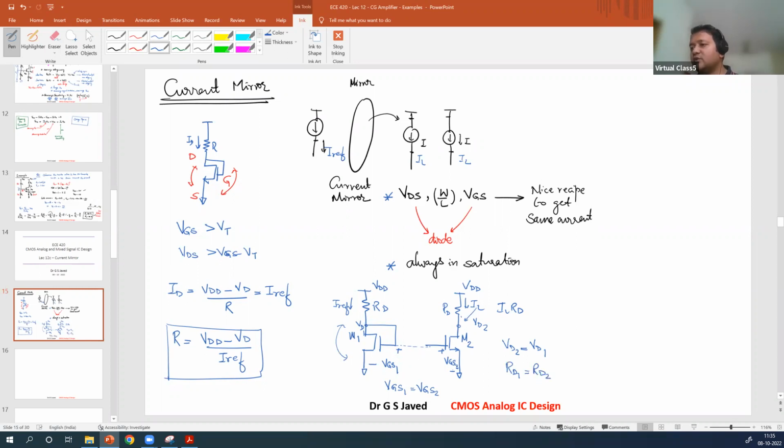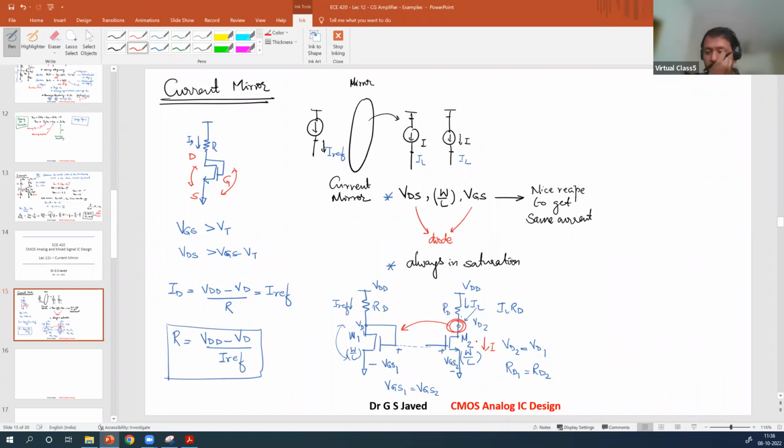By keeping VGS1 equal to VGS2 and RD1 equal to RD2, you create the same geometry W by L here as there. If you can maintain VD2 equal to VD1, then you will be able to mirror the same current flowing through this transistor into this transistor. So that is the intuition.